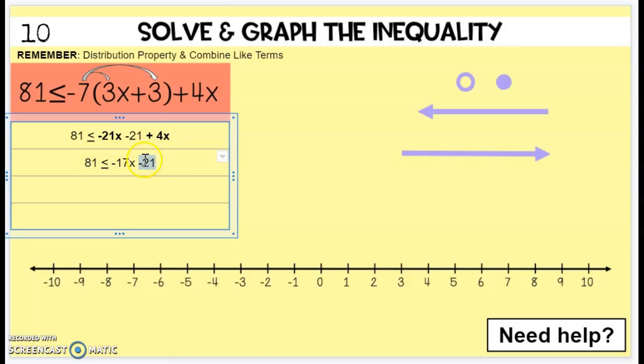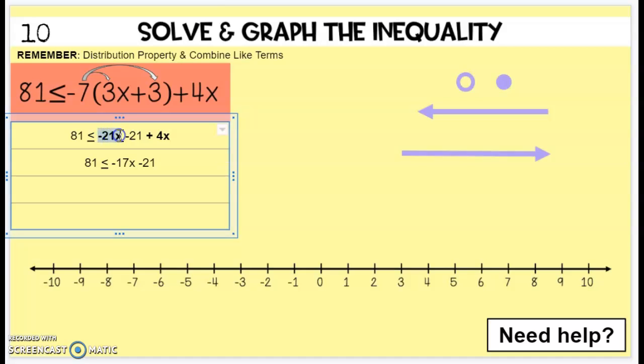So I'm going to add 21 to both sides to get rid of that. And now I have my variable here, which is -17x. Because it's multiplying, -17 times x, I need to divide by -17 on both sides. So I'm going to do my addition, then my division on both sides. At that point, I'll have the x by itself.